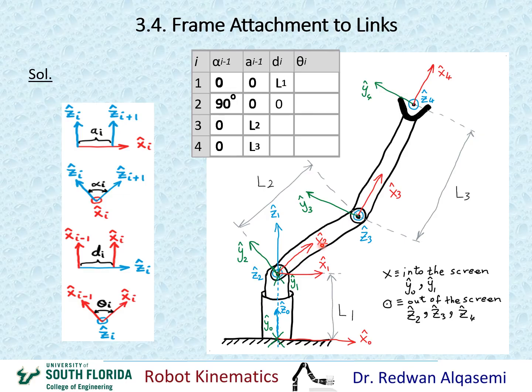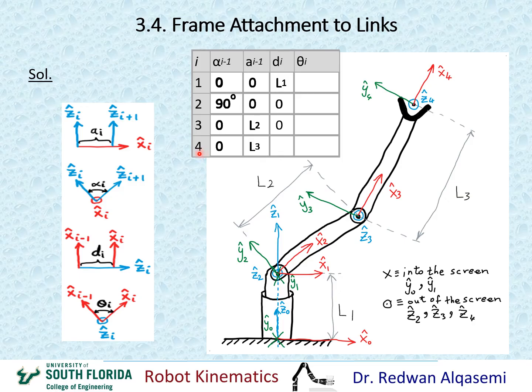Obviously, this X2 extends, it's a line, and it intersects with X3. So this means that the distance between X2 and X3 along Z3 would be 0 because both of the lines intersect right at this point. So that means D3 would be 0 as well.